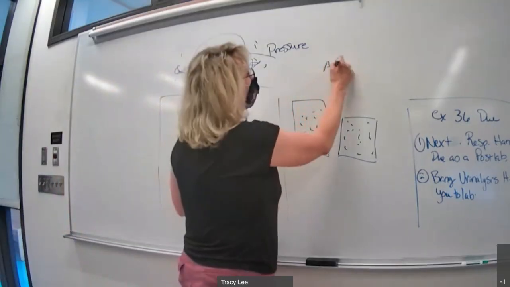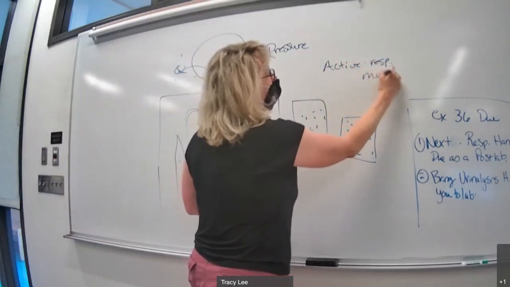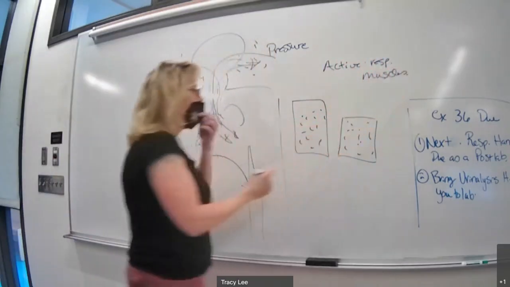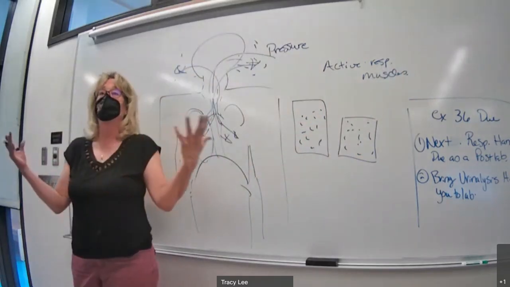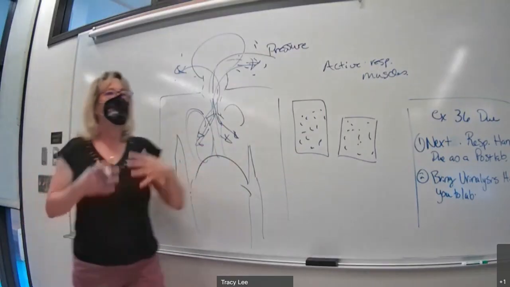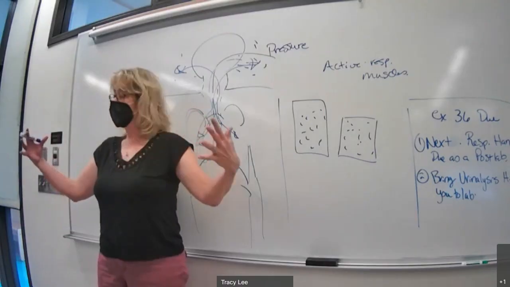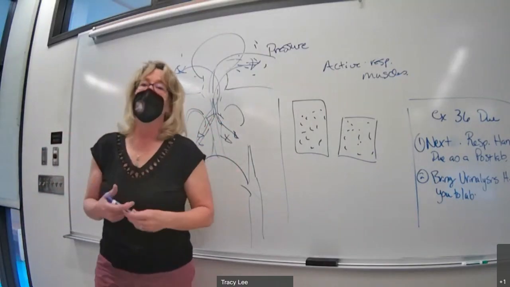It can begin to actively respirate by recruiting muscles. So I can now change the size of my container in a more robust way than just my diaphragm by really expanding my rib cage and my chest cavity to the max amount.